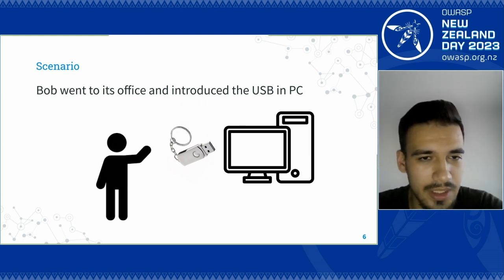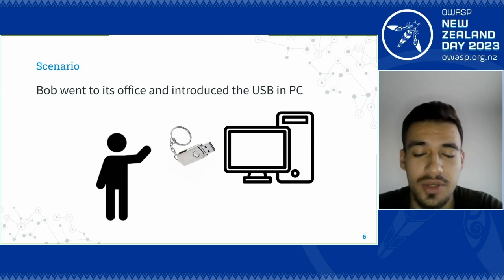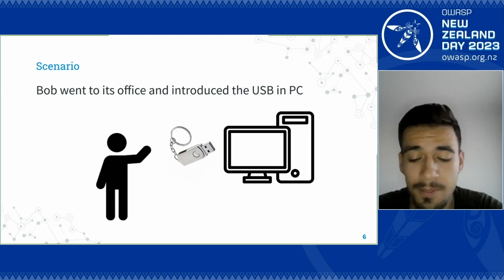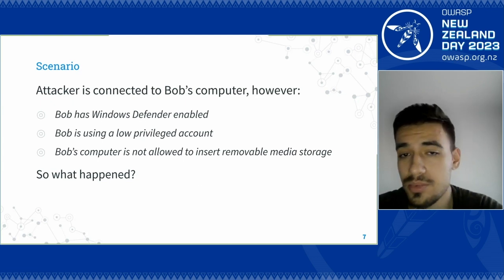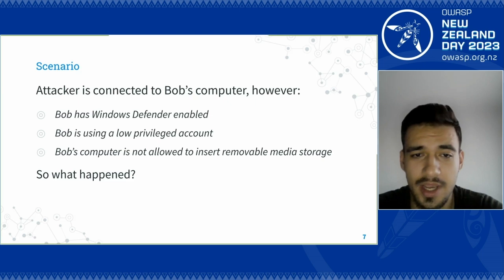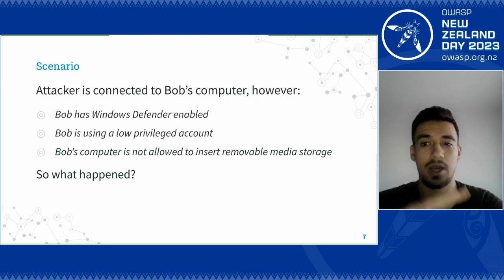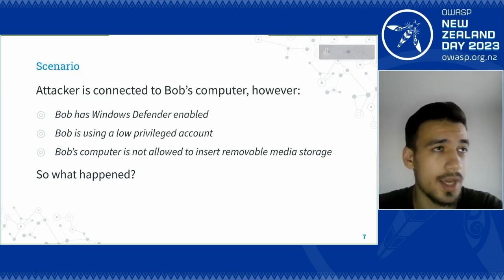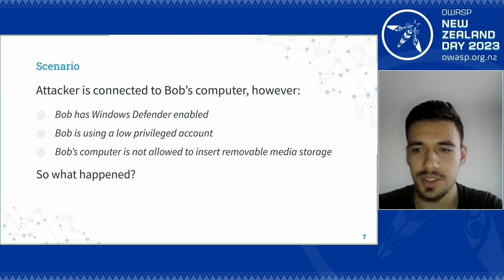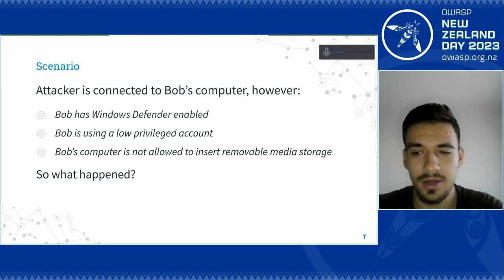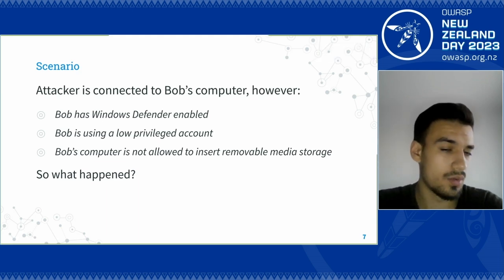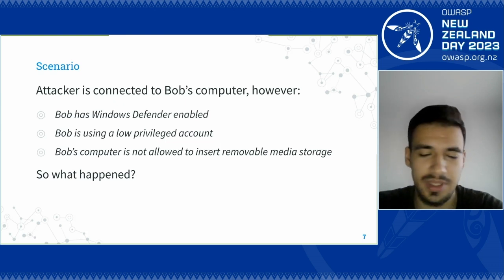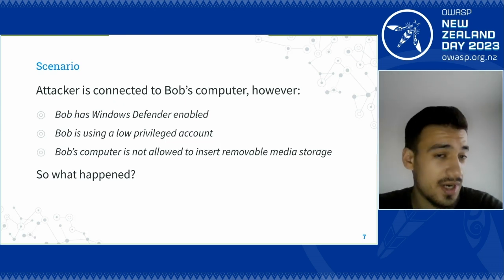So Bob introduces the BadUSB into his computer. What happens is the following. We have an attacker that is connected to Bob's computer, but Bob firstly has Windows Defender enabled, fully updated, with cloud protection and real-time protection on, so it's fully running. Also, Bob's account is a low privileged account, so it should not have permissions to run scripts or unsigned scripts.